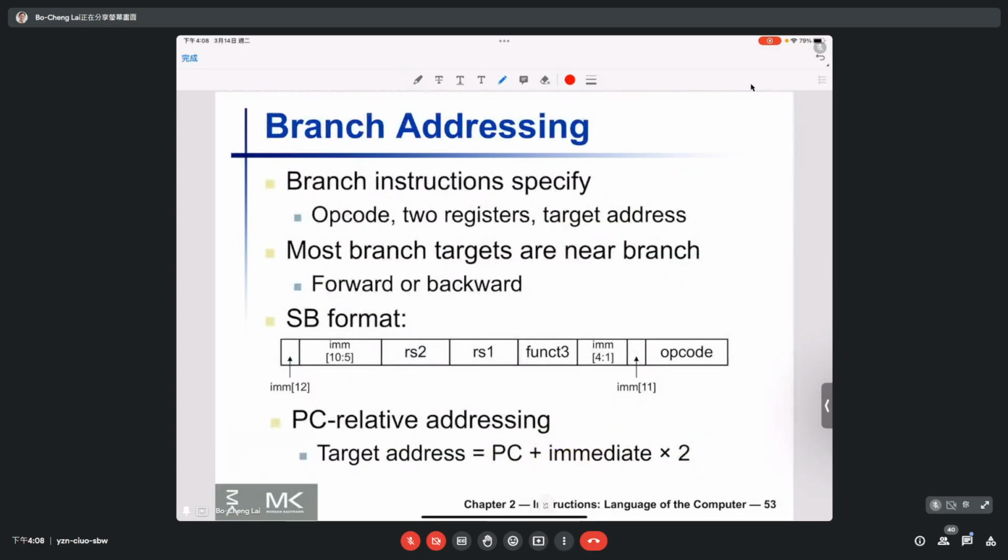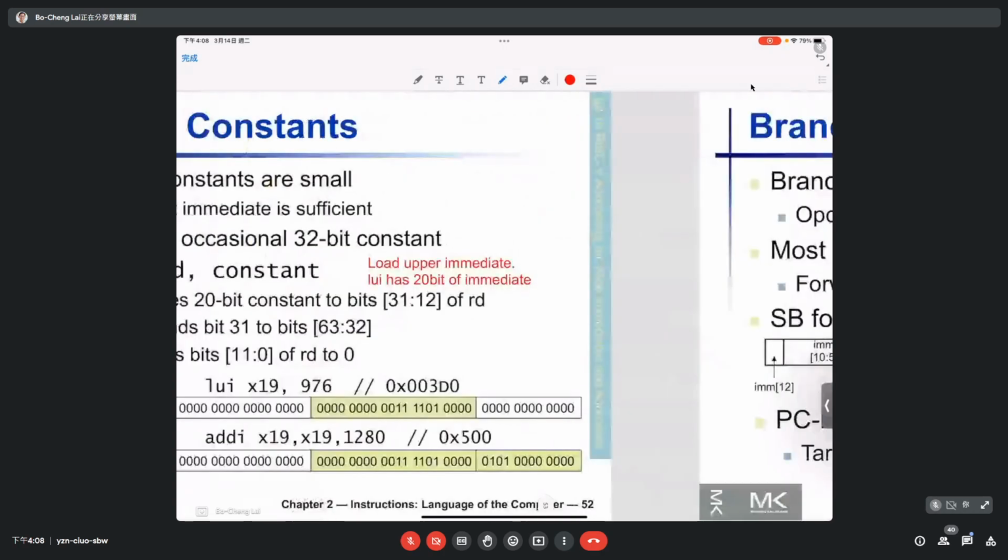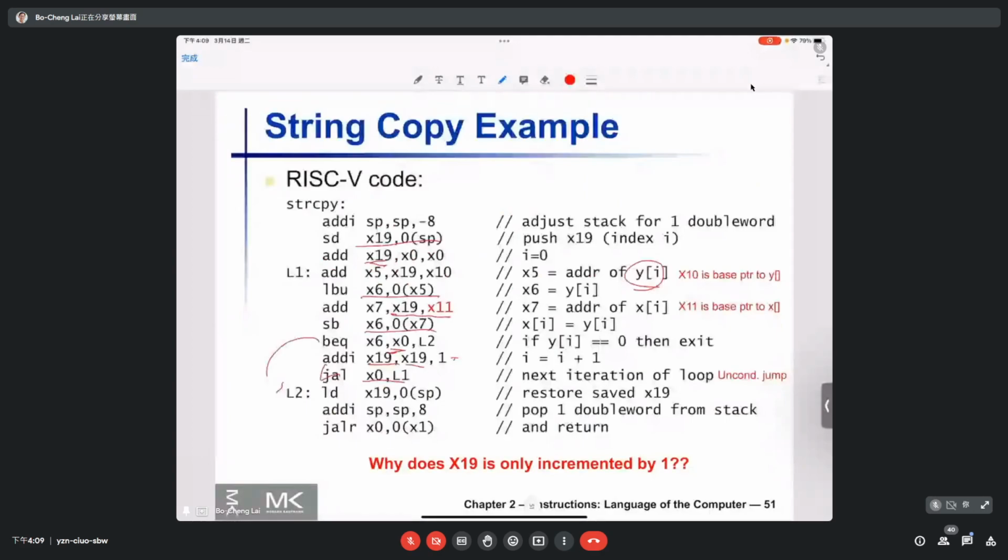All right. Branch addressing. Branch is the instruction you use to jump. Usually when you execute an instruction, you execute your next instruction, right? We call it the sequential programming model.